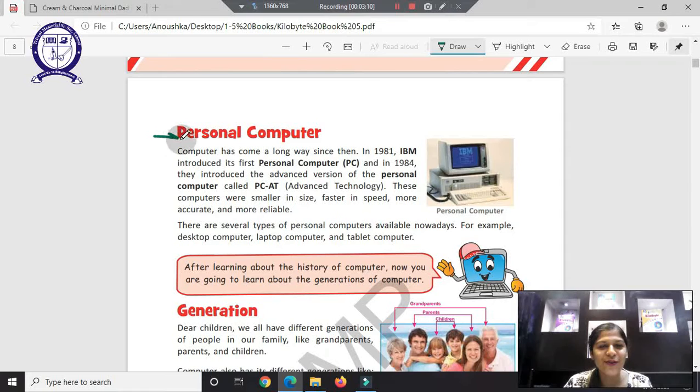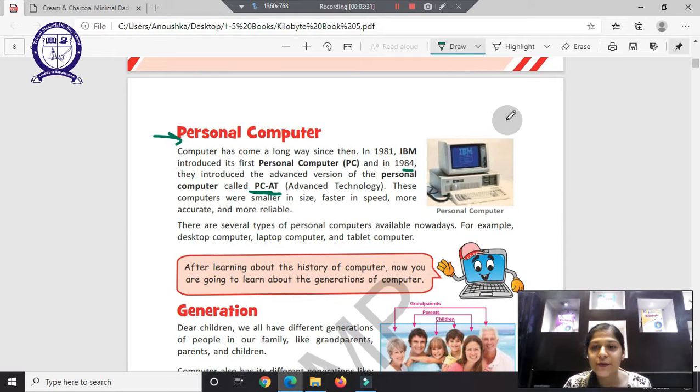Now, after all this history, we come to our simple personal computer. Computers have come a long way since then. In 1981, IBM introduced its first personal computer, and in 1984, they introduced the advanced version called PC-AT, PC Advanced Technology.